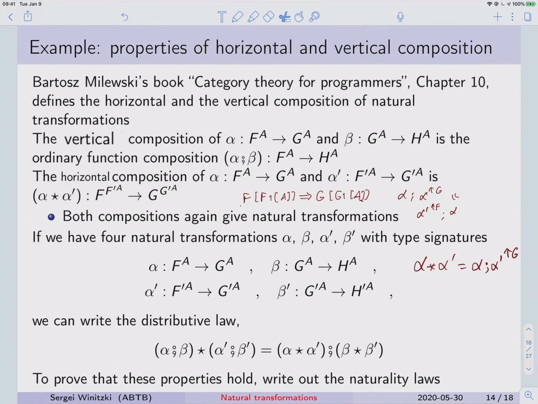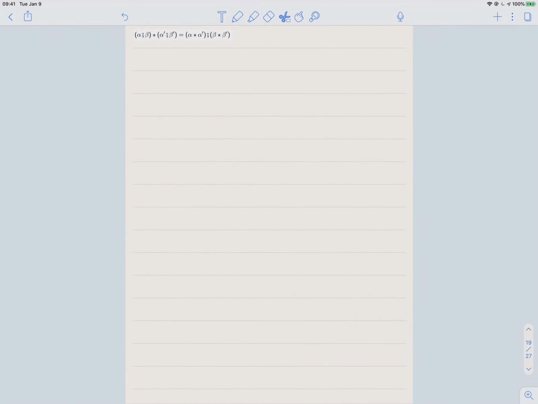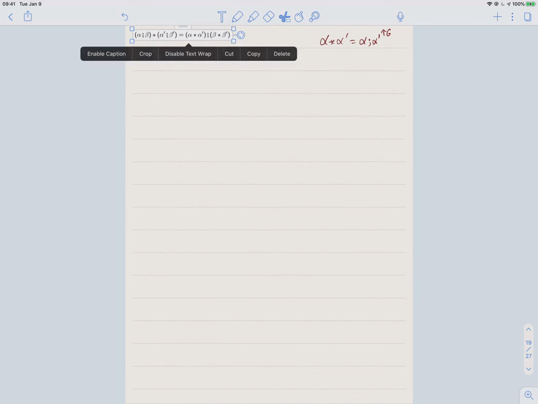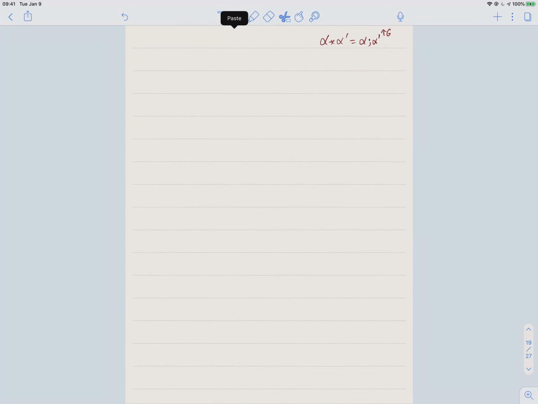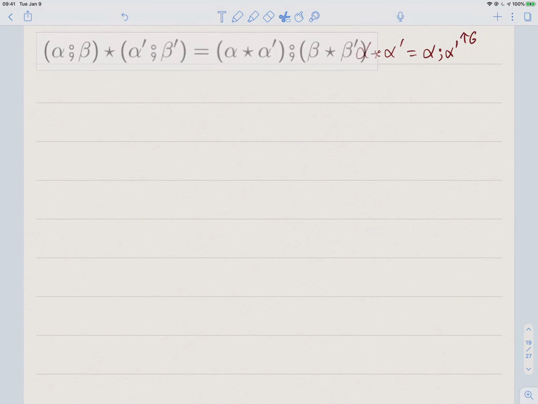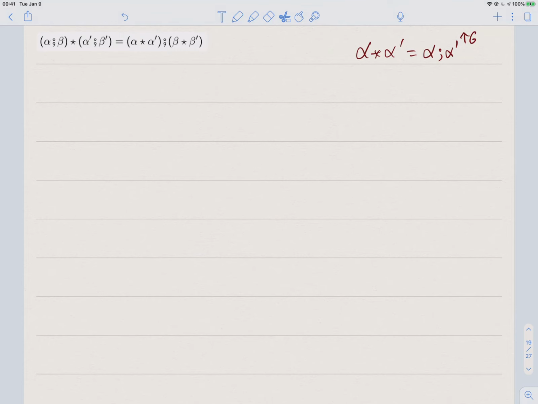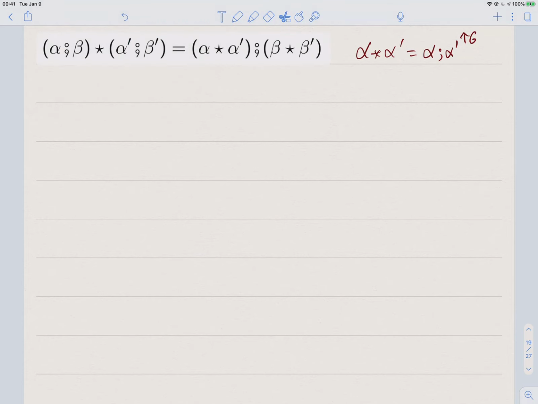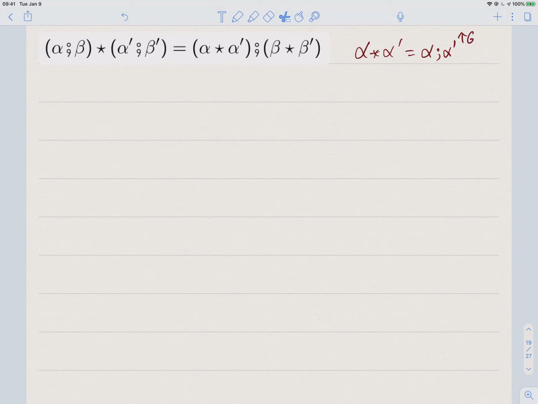And let me also copy the definition of the horizontal composition, just so that I don't forget it. So now let me write down this law.